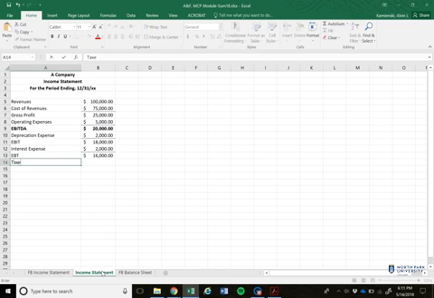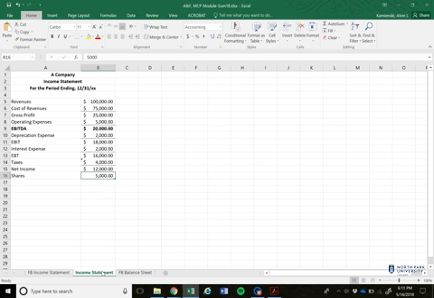But it's from EBT that we take away taxes. So let's say our taxes were 25% of our EBT. That will then give us another subtotal, which is actually our last total, which would be net income. So let's say we had a number of shares of 5,000 in this particular case.